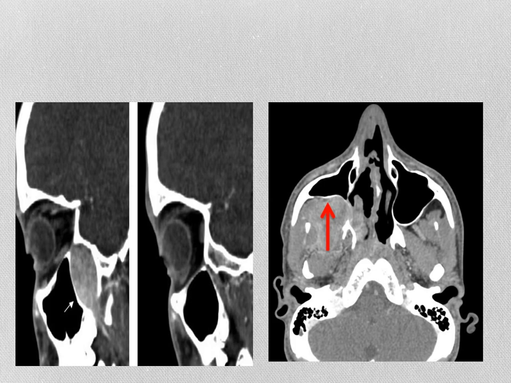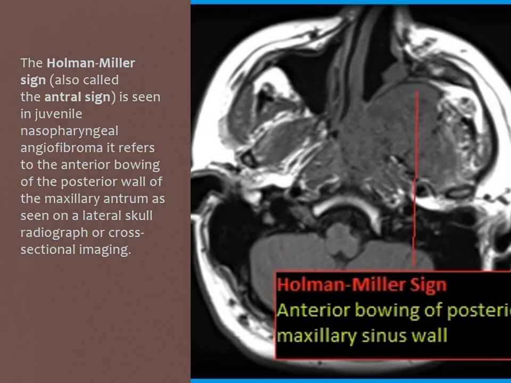So the sign is Holman Miller sign, or also called antral sign. This is seen in juvenile nasopharyngeal angiofibroma. It refers to anterior bowing of posterior wall of maxillary antrum. It can be seen on the lateral skull X-ray and clearly seen on the cross-sectional imaging.